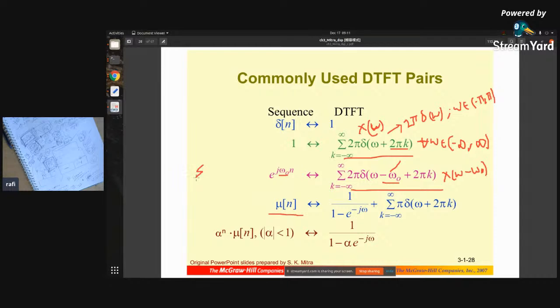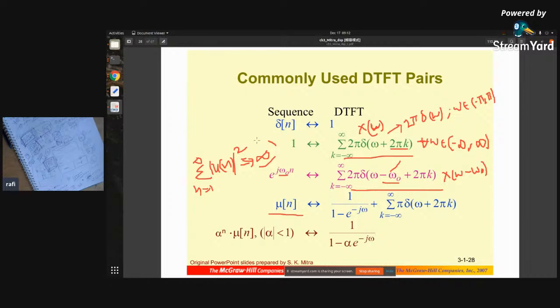Summation n equals 1 to infinity of u of n, or mod u of n, whatever you take, goes to infinity, because if you add an infinite number of ones it will be infinity only. If you square it, it will still go to infinity.